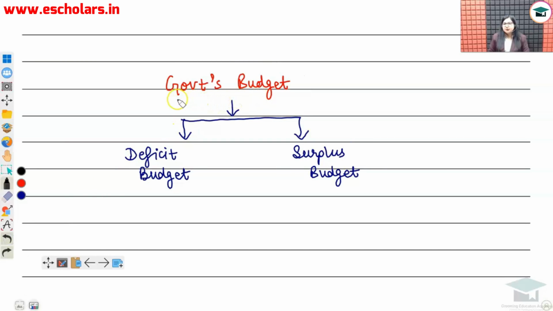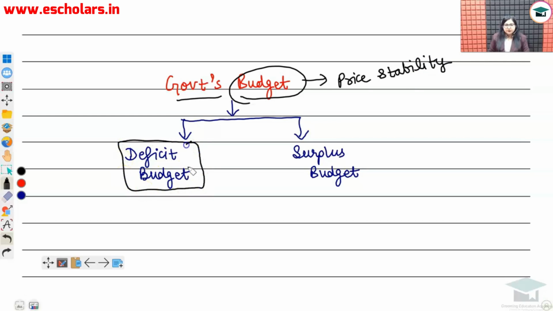Also students, the government through its budgetary policy, or you can say with the help of budgets, can promote price stability in the economy. How? See students, in case of deflation, the government uses the deficit budget in order to control the deflation.